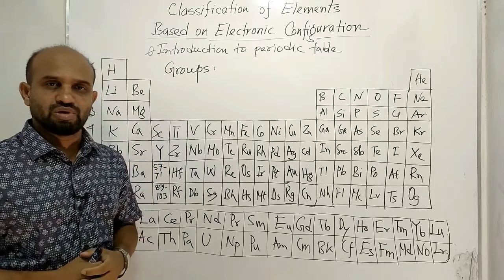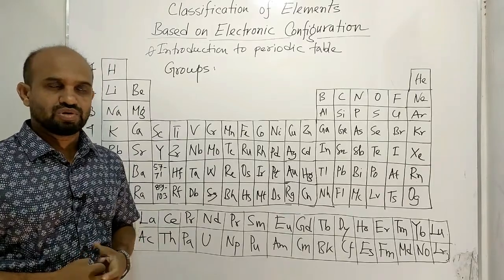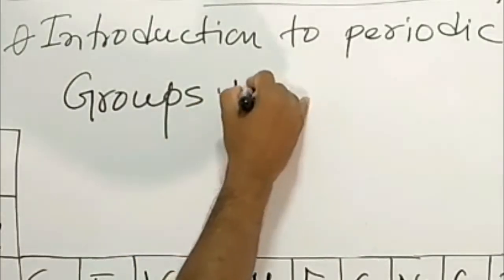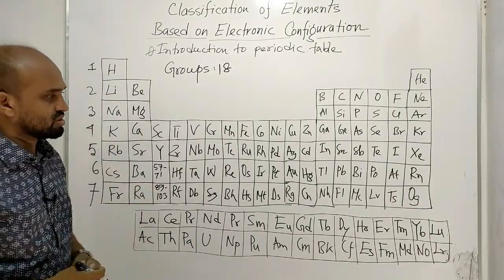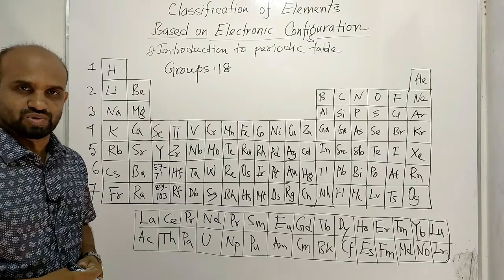Now groups. In this periodic table there are some groups. Actually total 18 groups. These vertical columns are called groups.